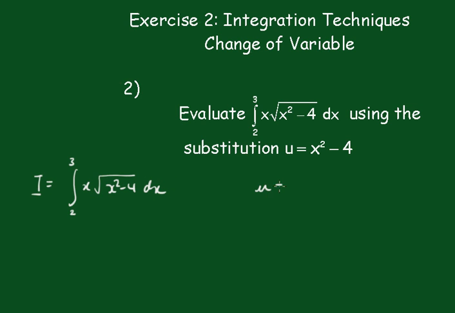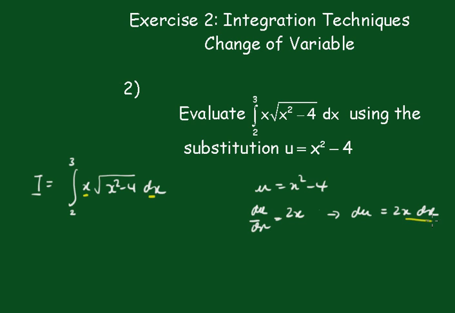Now u equals x squared minus 4. So du/dx equals 2x. Right, so now you notice here if I take that dx across, I get du equals 2x dx. Now, look at this in here. There's the x and the dx in here.